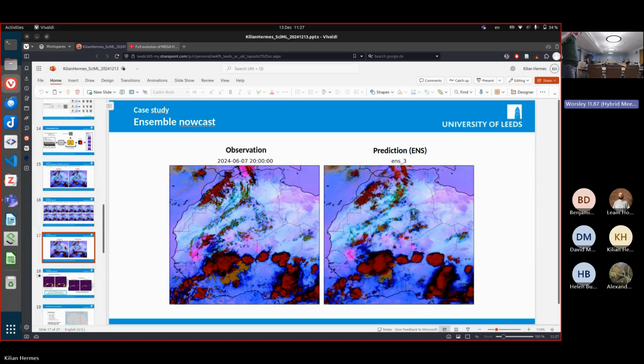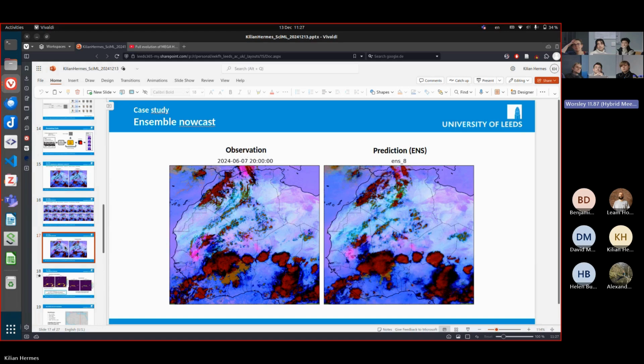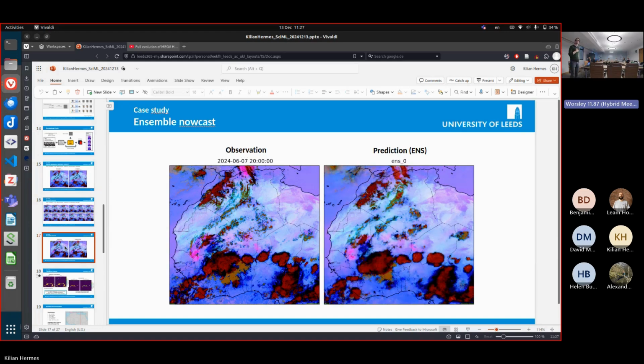In some frames we get this cloud band west of the pink area reproducing, which is actually a very common meteorological feature, whereas in others it does not. But it definitely looks like there is a reasonable spread in there. Whether it's realistic is to be assessed, but that's already quite promising, at least at that stage.